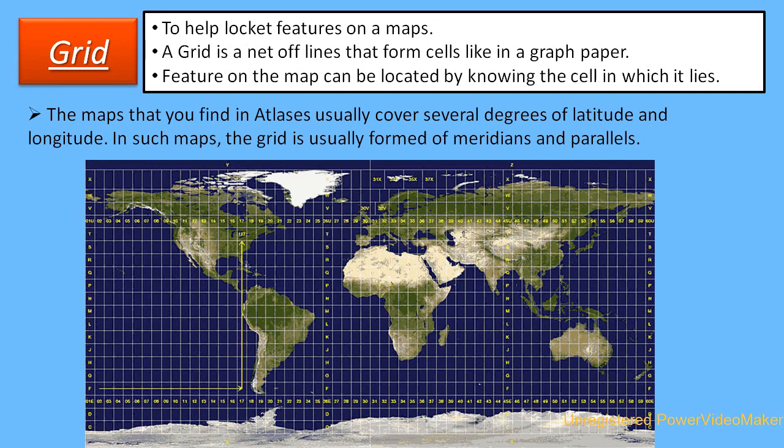In this map also you will find vertical lines and horizontal lines which form small boxes, that is called a grid. For identifying the grid, each line has a number. With the help of that number we identify the cell name. And if you identify the cell name, you can easily identify the features of the land or a particular area.